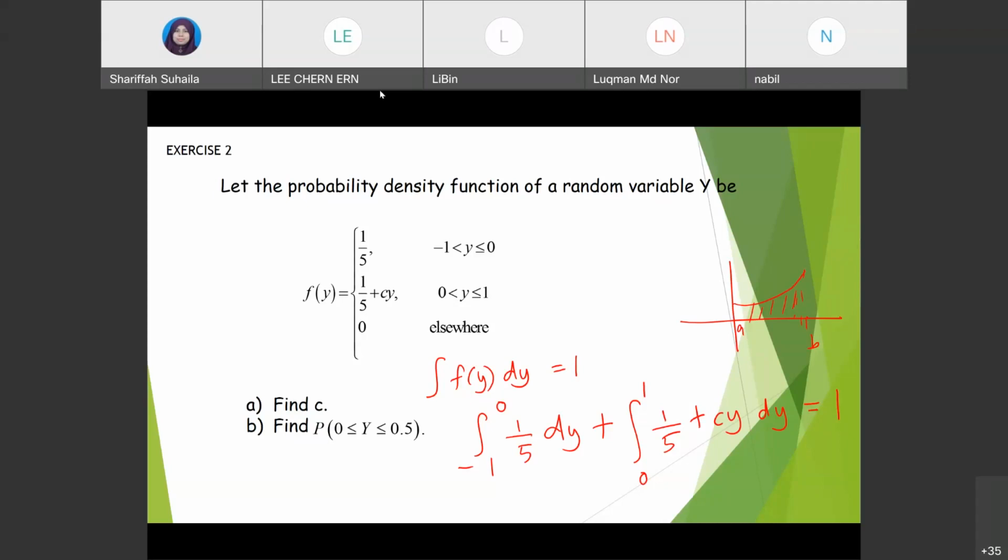Okay, so you should get the same answer as Lokman. You have C equal to 6 over 5. Okay, everyone can get it, just solve.